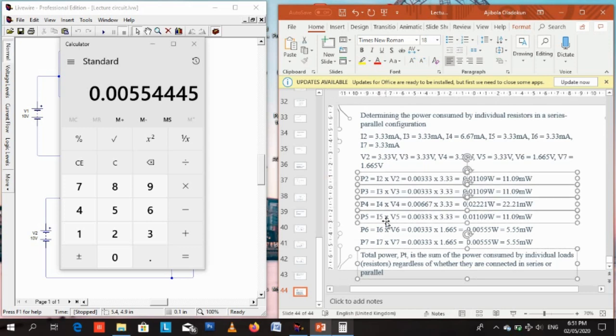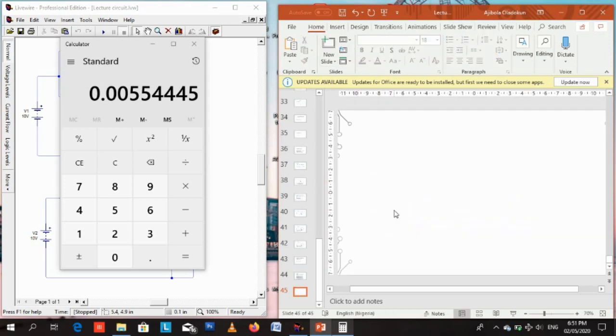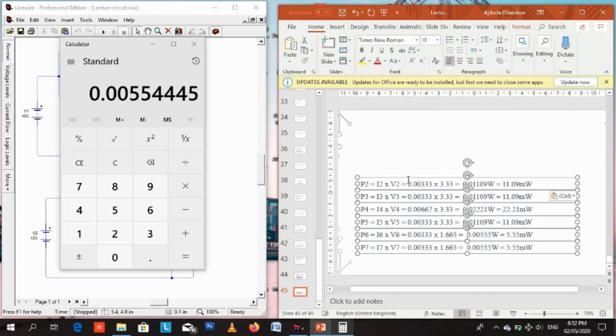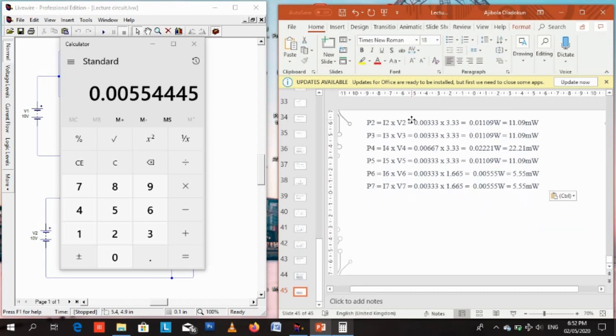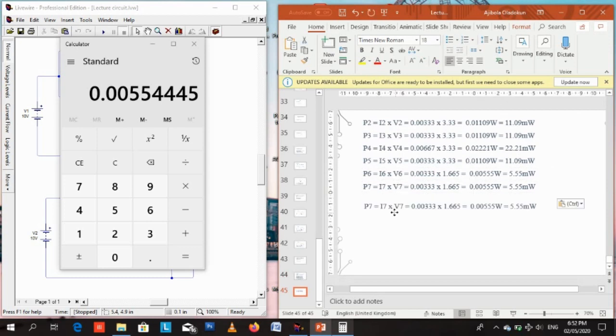So you had P2, P3, P4, P5 and P6. If you add all of these individual power values together, you will get total power PT. When it comes to total power consumed, you literally add them together.